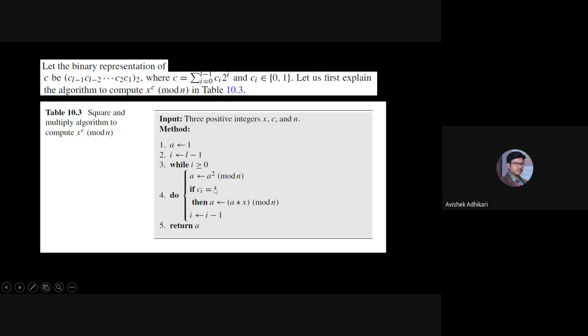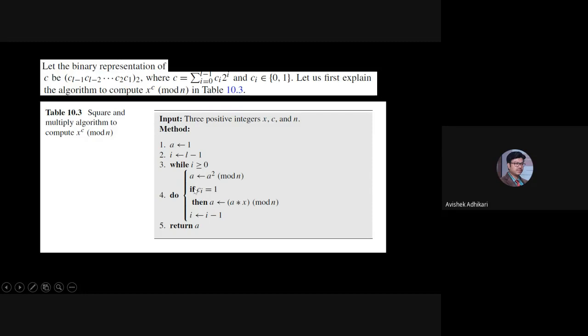The value of c_i is either 0 or 1, because it's a binary digit. If it is 0, then you are not going to multiply, but the square is always there. So that's why this algorithm is known as square and multiply. And you see that i is decremented: initially it was l minus 1, and then i equals i minus 1.